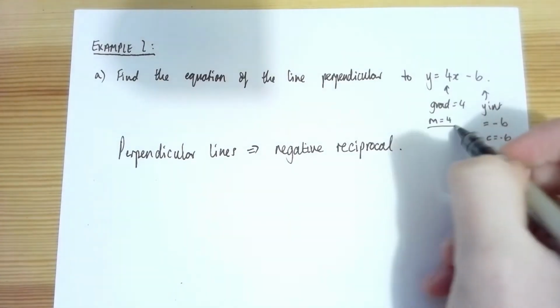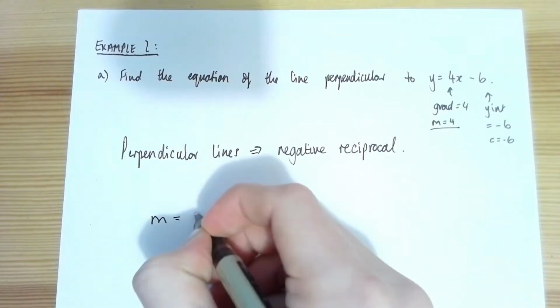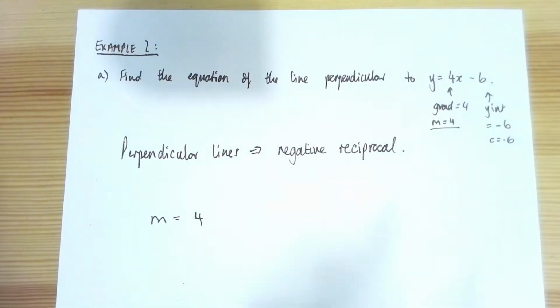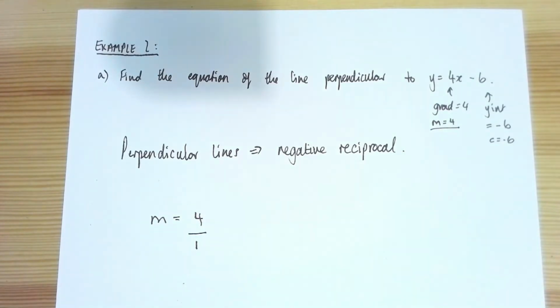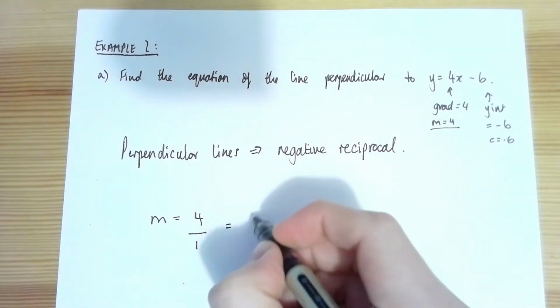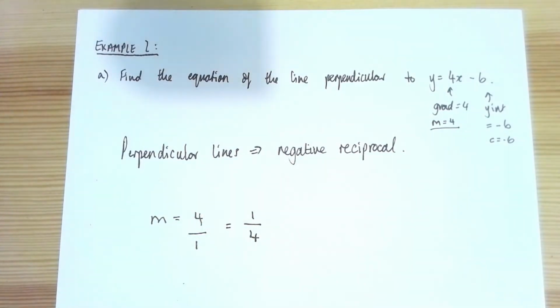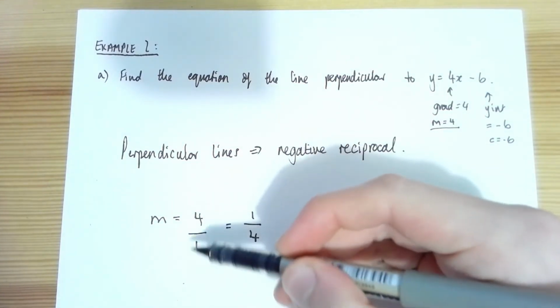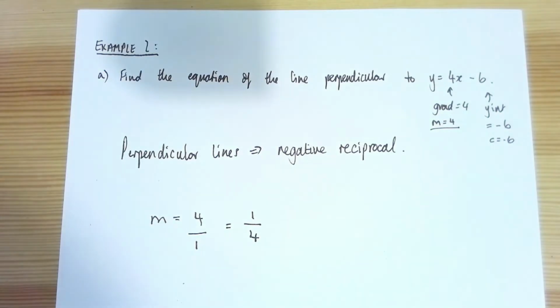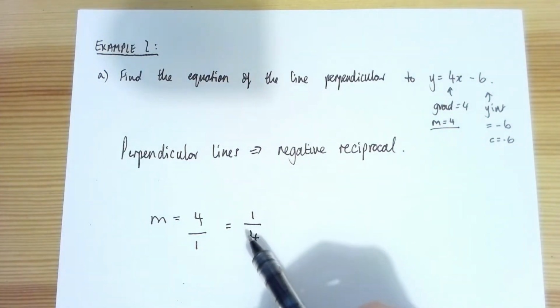So if we take this m value here of 4, that's the gradient of this line. Now our perpendicular line will have the negative reciprocal of 4. Now any whole number we can write over 1. And then if we were to take the reciprocal of that, we'd have a quarter. Just flipping the fraction, bringing the 1 over to the top and the 4 under to the bottom. So we have 1 over 4.